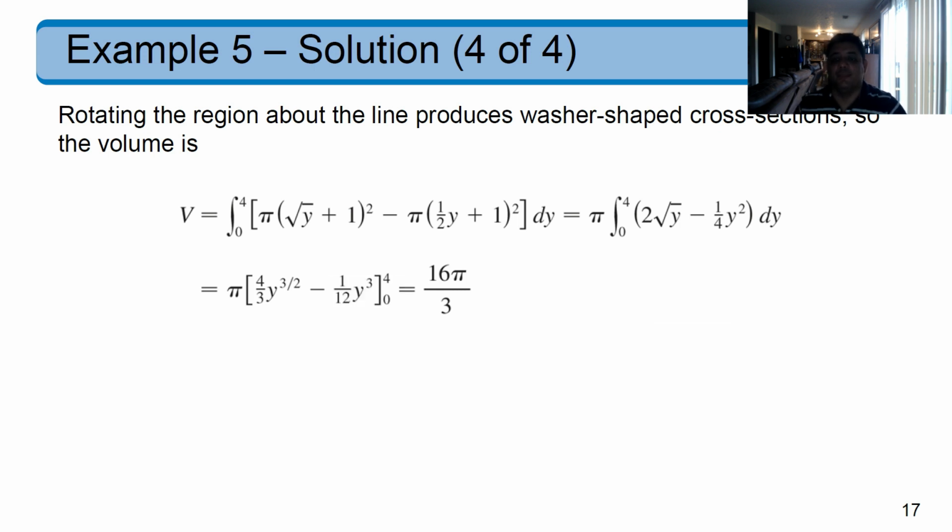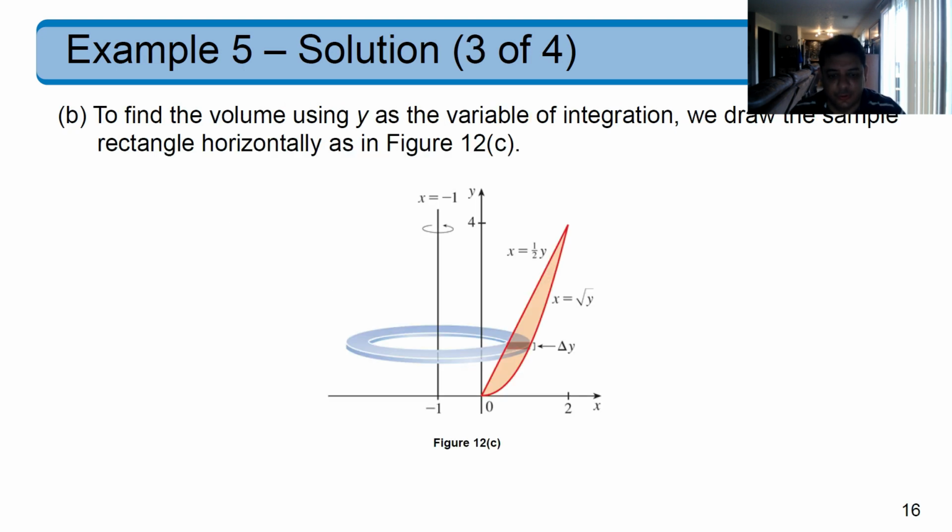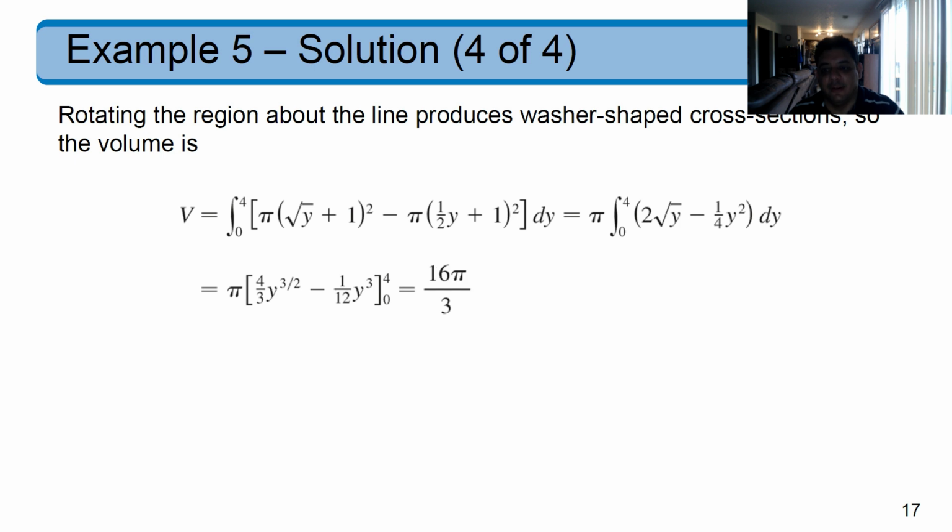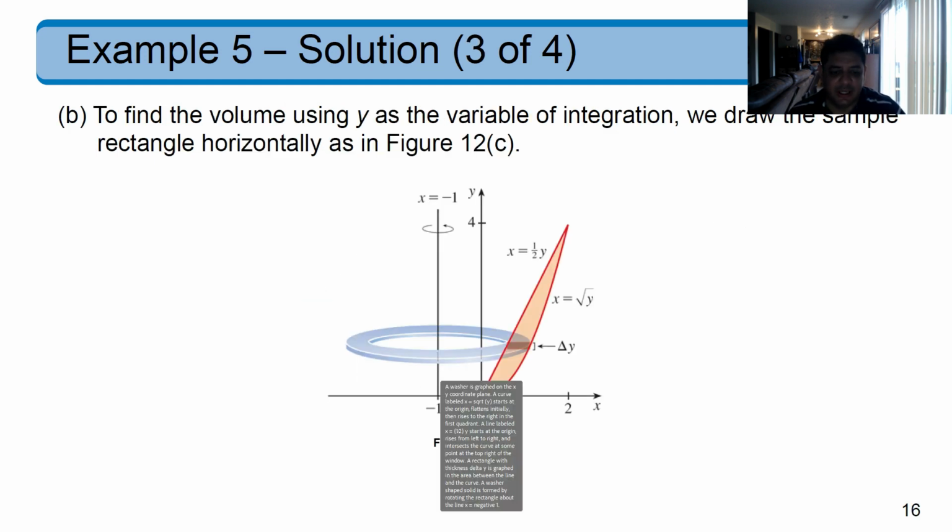Notice that the washer area is pi r squared for both of those. So we integrate from 0 to 4, because now we're talking in terms of y. When x is 0, y is 0, but when x is 2, y is 4. So now my variable of integration changes to from 0 to 4 of pi outer radius squared minus pi inner radius squared. Let's check what the inner radius is.